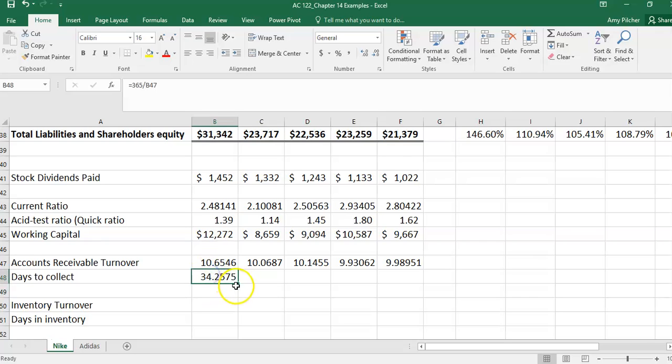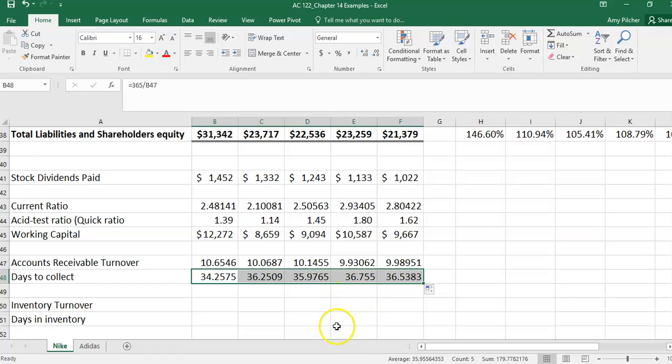This tells us on average how long it takes for a customer to give us cash for credit sales. What trends we're looking for in this information is if it's taking longer and longer for us to collect cash from our customers, that can show liquidity issues or issues with having cash available to pay our customers.